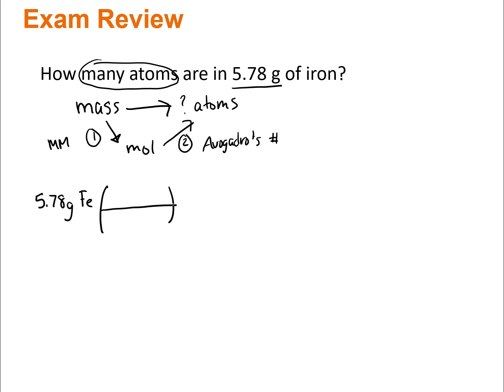The molar mass of iron you just take from the periodic table. Your textbook has 2 decimal places. The periodic table that I gave you has 3. It's not going to make a big difference in your answer.